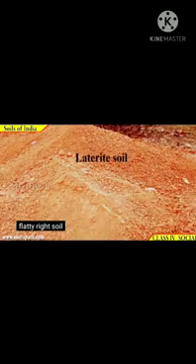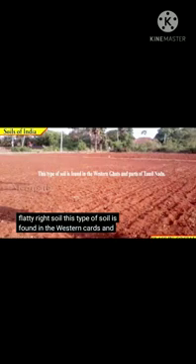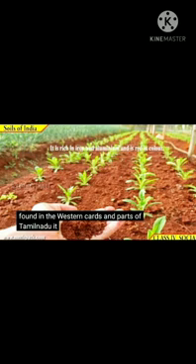Next we see about laterite soil. This soil is formed due to the washing away of minerals from the soil by rain. Rain washes away the minerals from the laterite soil. This soil is not fertile.